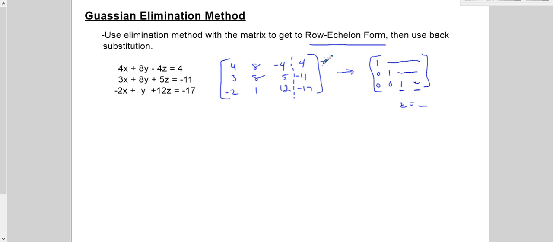So we're going to divide this by 4. If I divide by 4, I get 1, 2, -2, 1. Okay, and then my other rows stay the same.